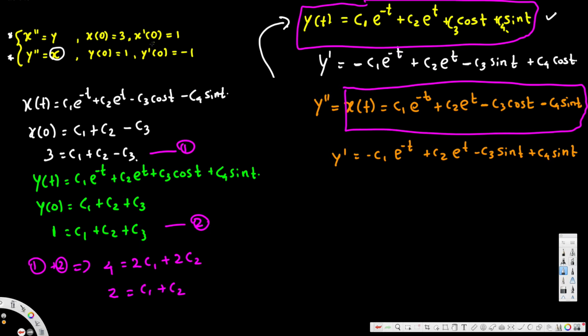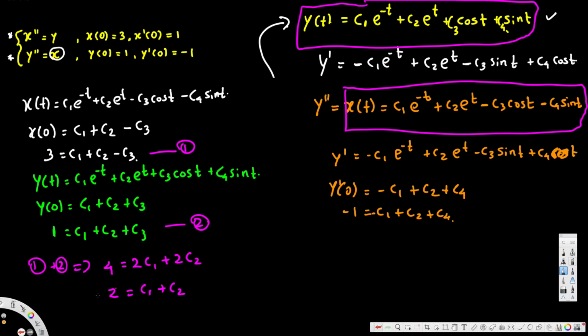Now y prime of 0 is there, so if I plug 0 for time, this is going to become negative c1, and this is going to become just c2, and sine will become 0 because sine 0 is 0, so c4 cos t, this one is cos. This will become 1 because cos 0 is 1, so c4 will remain. And we know that y prime of 0 is given, that's negative 1. Negative 1 is equal to negative c1 plus c2 plus c4.